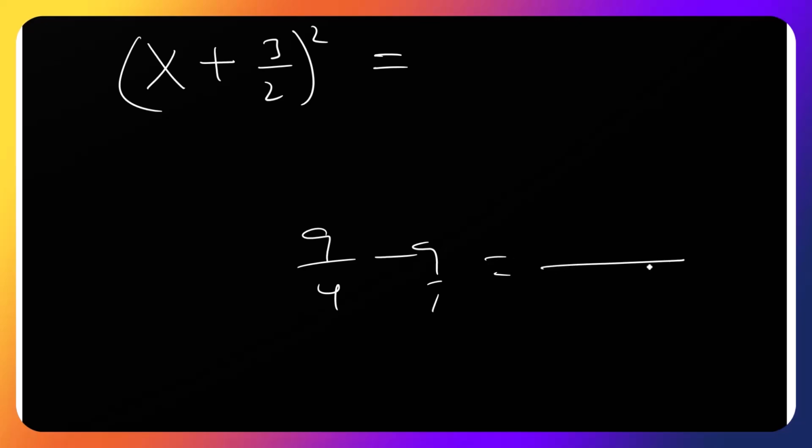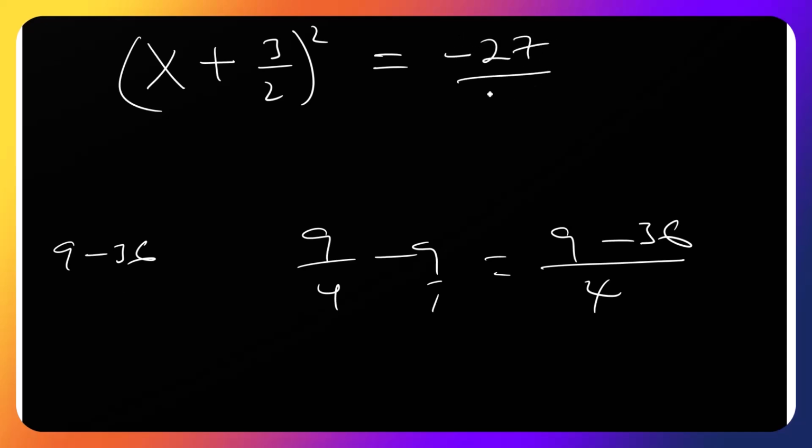So the LCM will be 4. 4 here 1, 9, 4 is 36. Okay, so we have 9 minus 36. Okay, that will be minus 27. So minus 27 on 4.